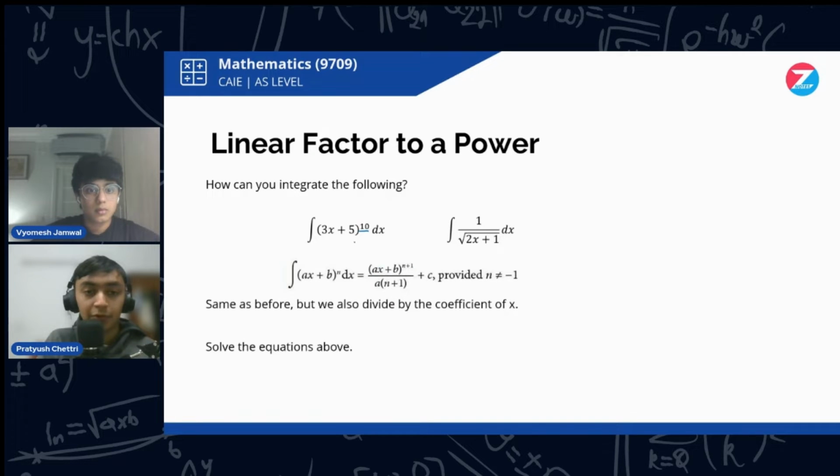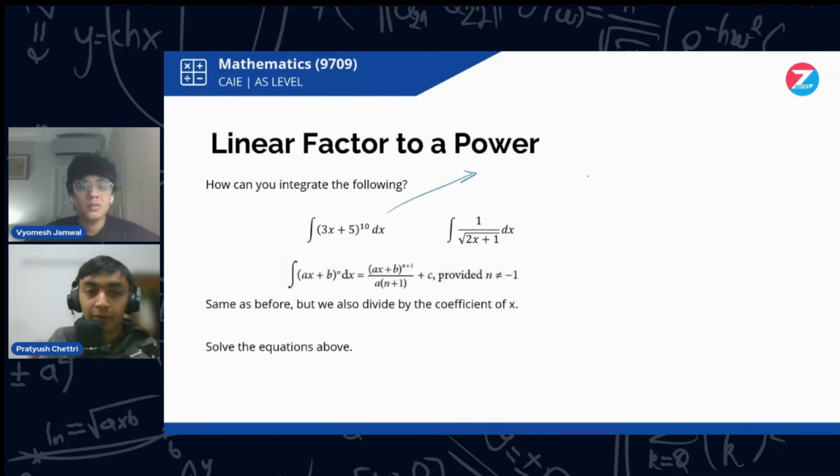Because in the chain rule, if you differentiated this, you would differentiate this function, you'd put to the power 9, and you'd put the 3 outside because you take the derivative of this, multiply by the 3. You'd multiply by the derivative of the stuff inside the brackets for differentiation, but in integration, we divide by it, not multiply.